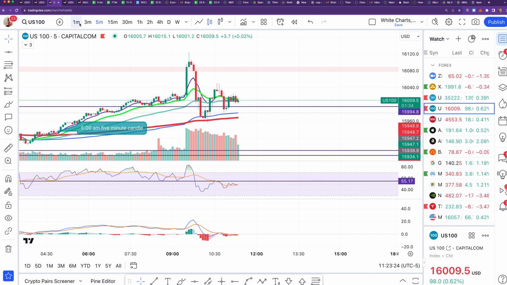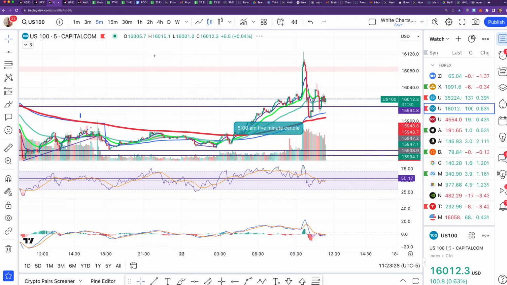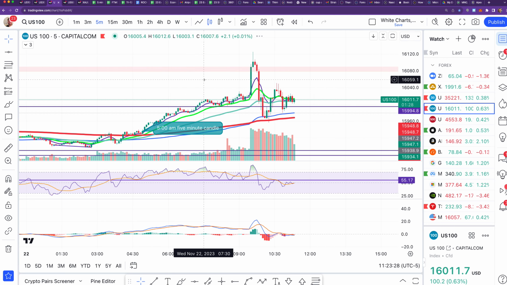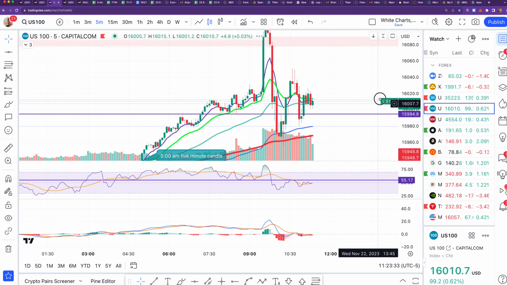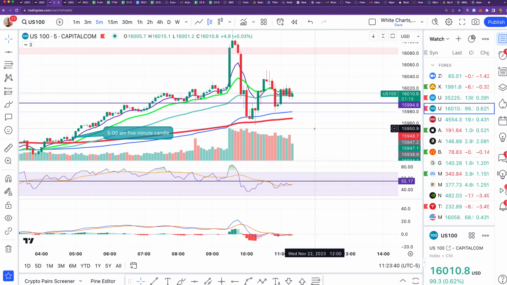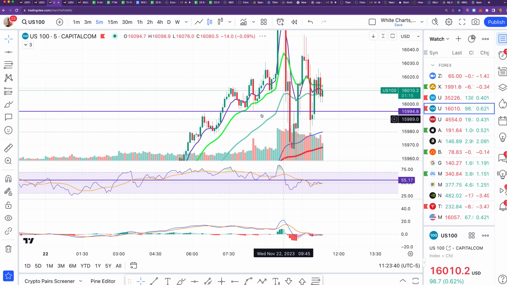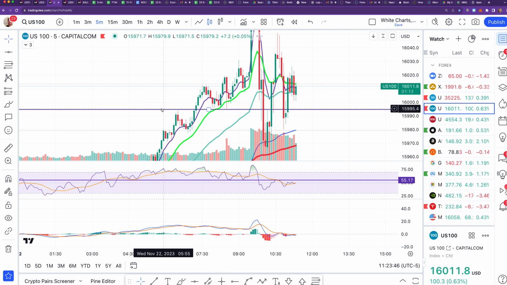It put in a double bottom against VWAP on the 1 minute, but I don't really like to trade 1 minute chart patterns. I'd rather take 5 minute chart patterns. So when it came back to VWAP again, by the way, there was a level here that I was also paying attention to that I marked. I don't know if I already mentioned this, but this is a pivot.